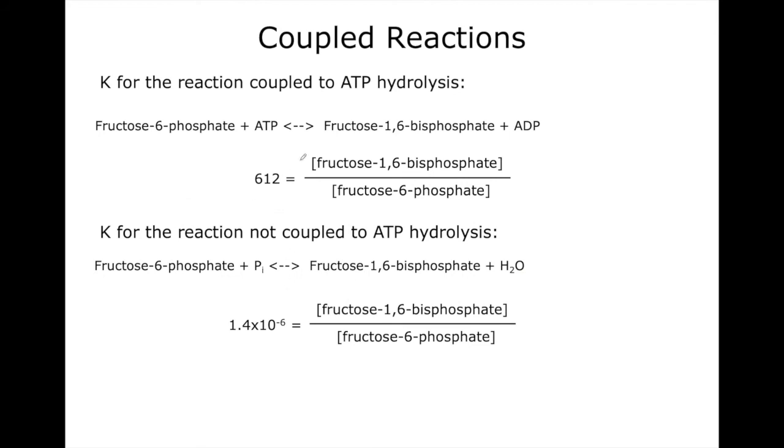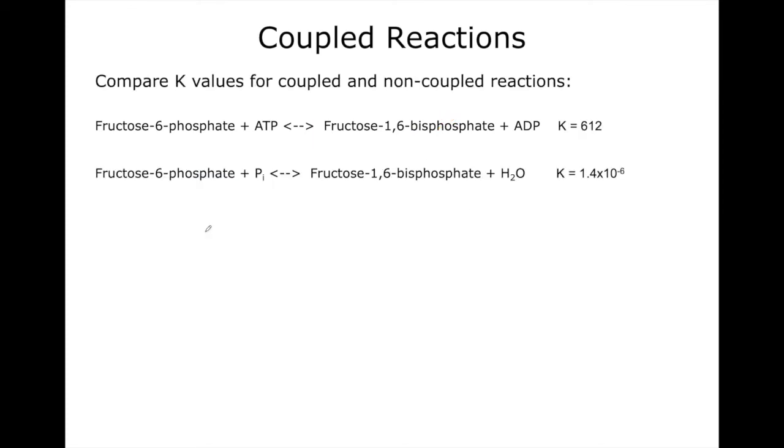And that's what we're going to do here. For the coupled reaction, the ratio of the product to reactant is 612. The same product to reactant here is 1.4 × 10⁻⁶. You can see the huge difference, how this one lies incredibly far to the right in relation to this one, which lies incredibly far to the left. So if we take the ratio of these two, divide 612 by 1.4 × 10⁻⁶, we get 4.4 × 10⁸.